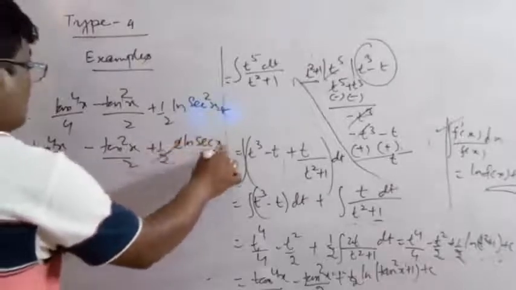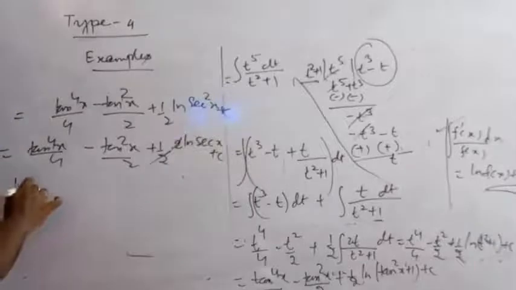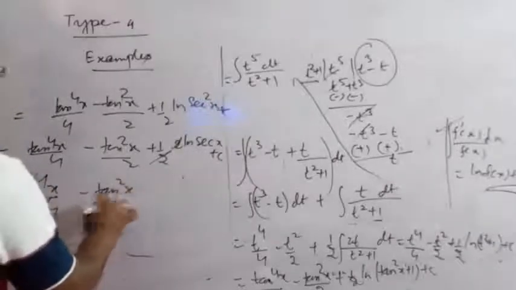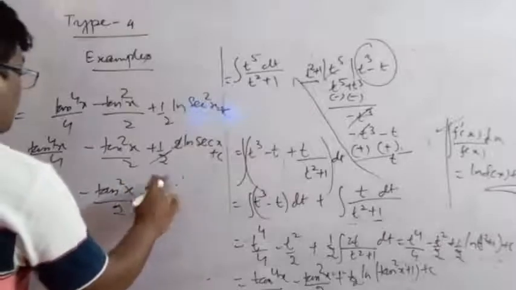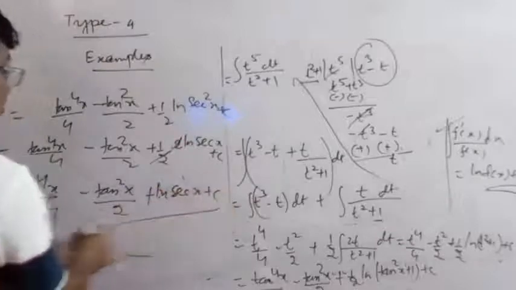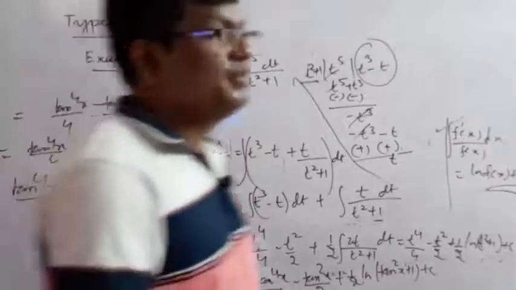The 2s cancel, plus c. So the answer will be tan to the 4th x by 4 minus tan square x by 2 plus log of sec x plus c. This is the answer of this question.